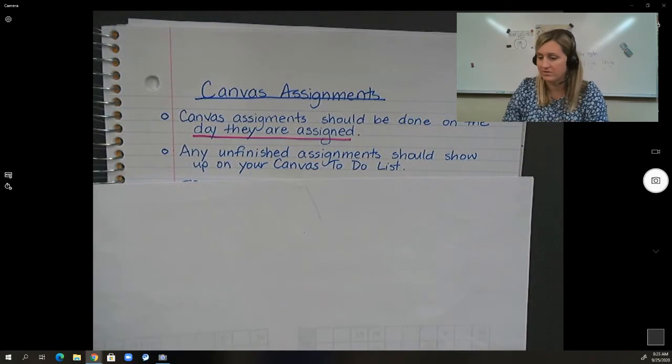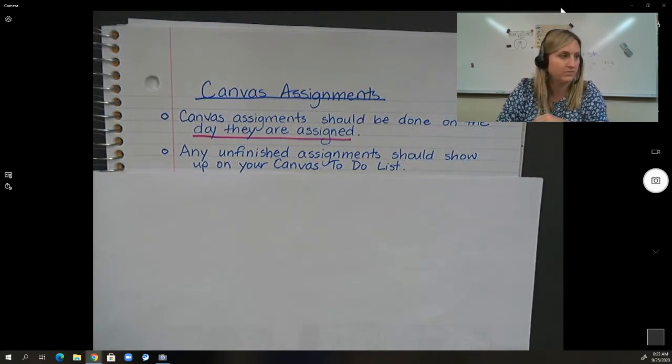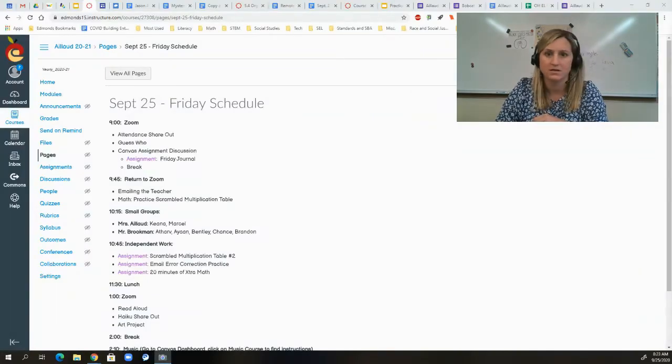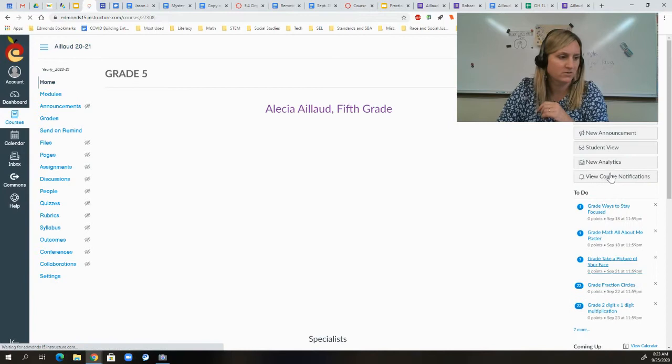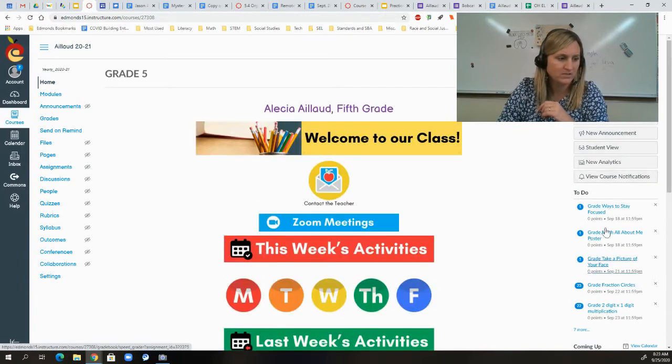When you're looking at your Canvas homepage, we're going to see if I can move this over here for a second. Okay. You'll notice that on your homepage, when you click home, over to the right-hand side will be a to-do list right here. See, to-do. My to-do list says to grade these things. Your to-do list will say the assignments that you need.